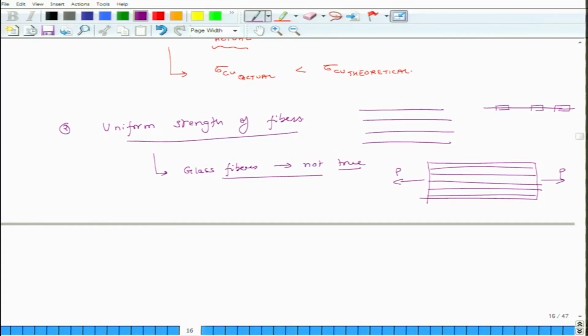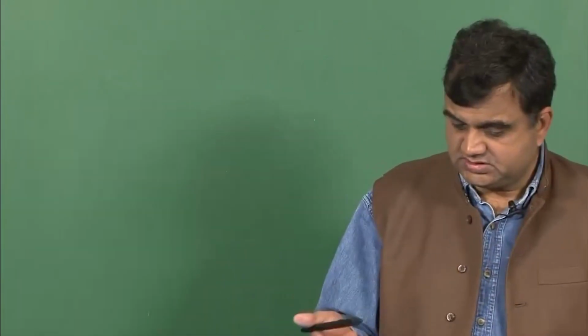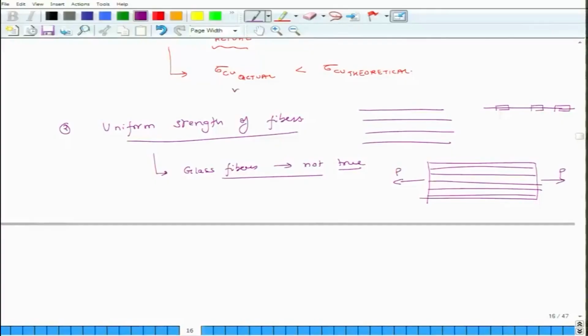So, which means that at earlier loads compared to what we calculate theoretically, some fibers break, they transfer load to other fibers, and these fibers develop higher stresses than theoretically predicted. Now, if you keep on pulling it further, they may also fail earlier, because now in reality they are taking more load than they were supposed to. So, because of this thing also, again we may have a case that sigma Cu actual may be less than sigma Cu theoretical. Now, this is the second assumption which we had made.